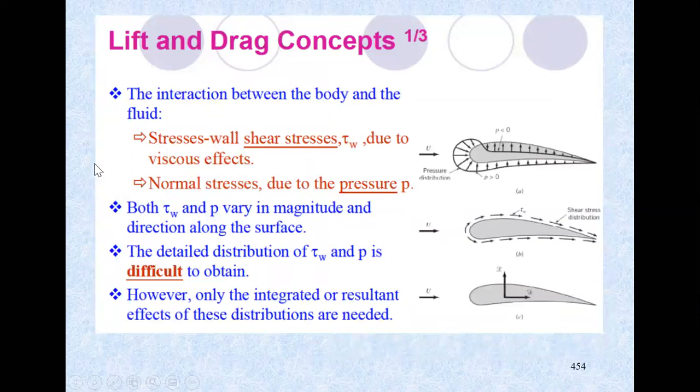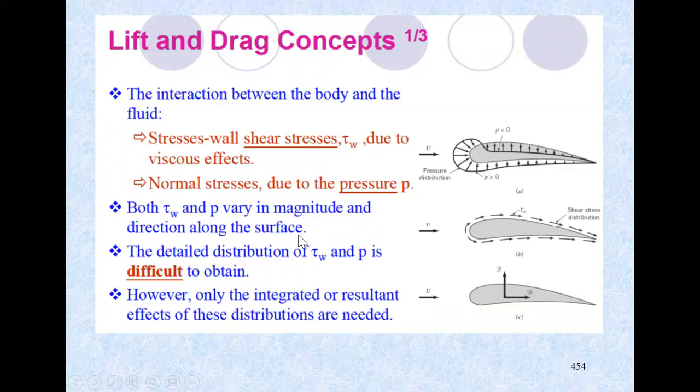Okay, the friction. So the shear stress or wall shear stress, tau W, is caused by the viscous effect. Remember, at the wall you have the no-slip condition, but in the free stream you have velocity. So there's a relative movement over there, so you're going to have a stress, and the highest will be at the wall. And the other force is the normal stress due to the pressure.